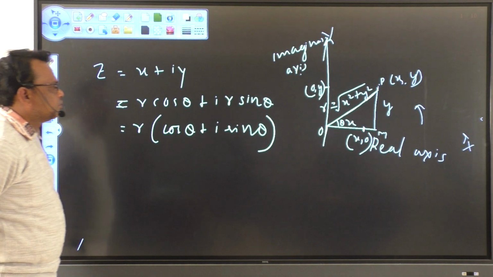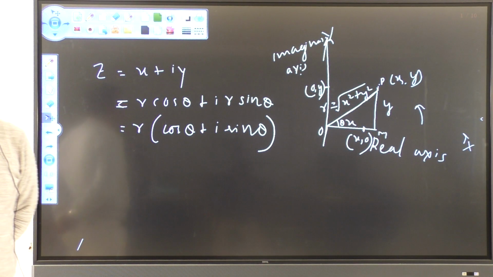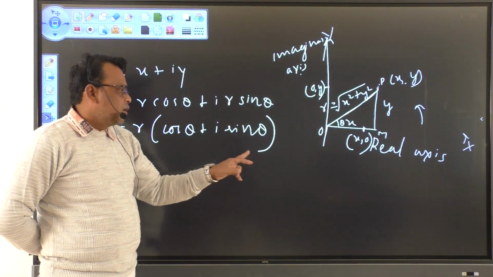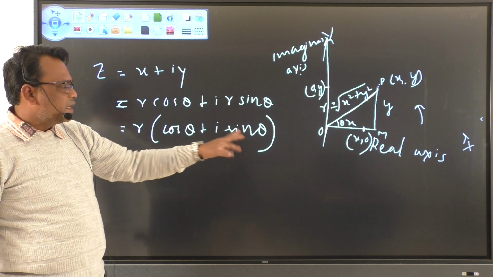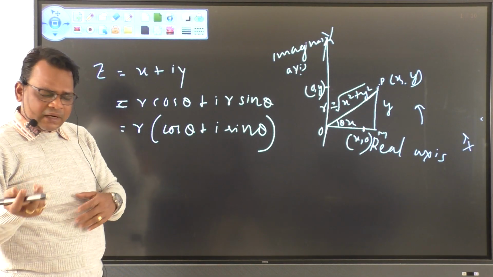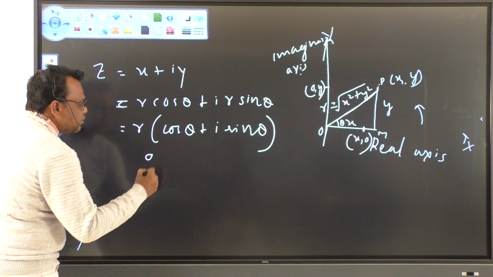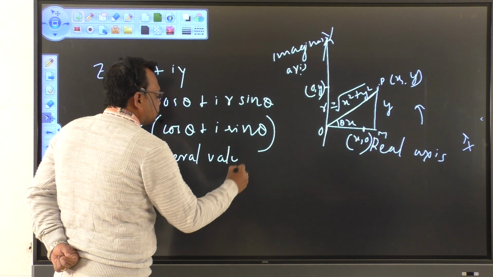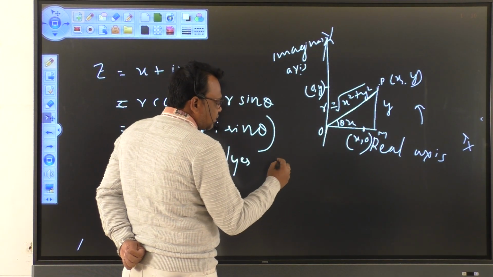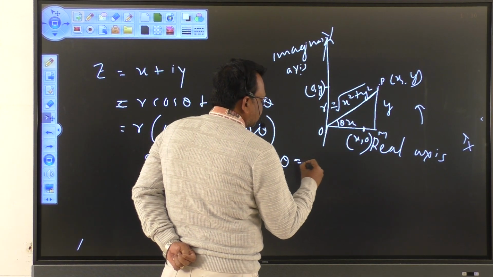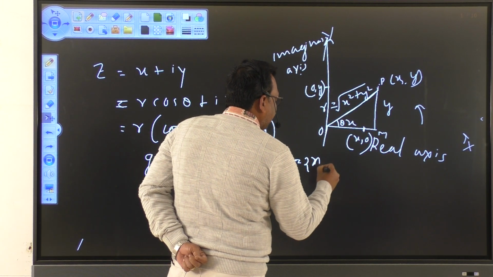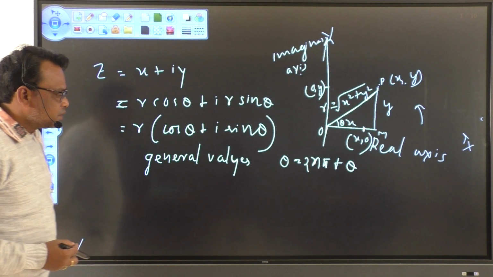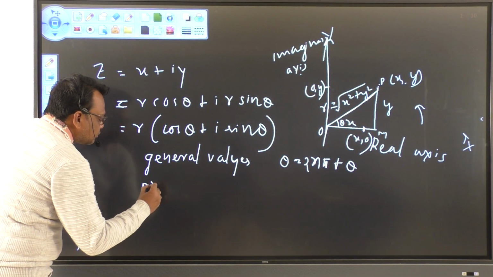This is the trigonometric form or polar form of the complex number z is equal to x plus iy. Here this theta is called the argument of the complex number, and it has two kinds of values. For general values, we can take 2n pi plus theta. Principal value.